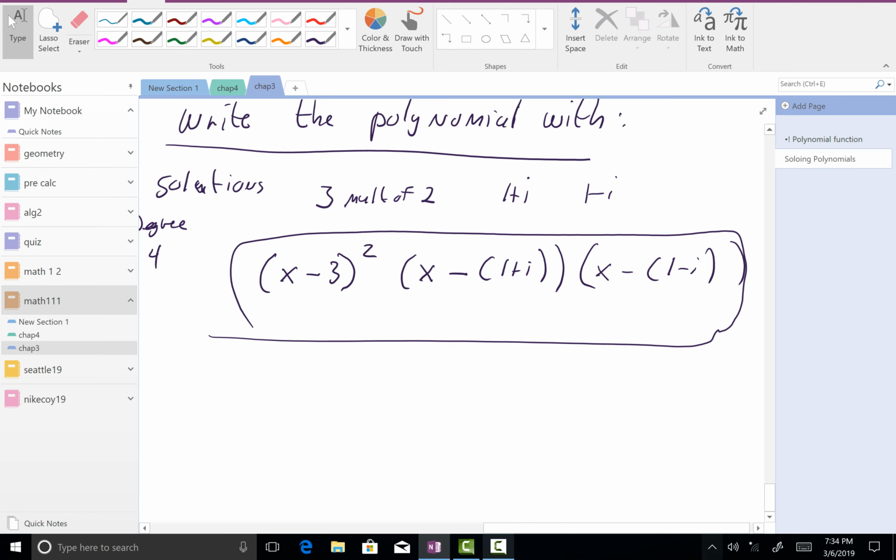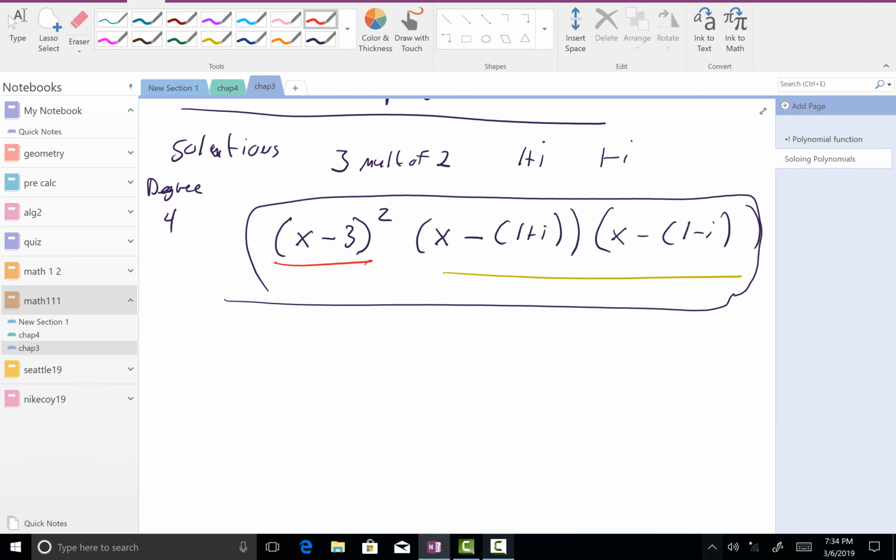Okay? Oh my gosh. Well, let's give it a shot. All right, we said we didn't think it was going to be too bad in the last problem. Let's try it. Recommendation would be to do this part first. Don't try to do x minus 3 times x plus 1 plus i. It's going to be a disaster for you. All right, let's do the first part. We're going to FOIL that out.